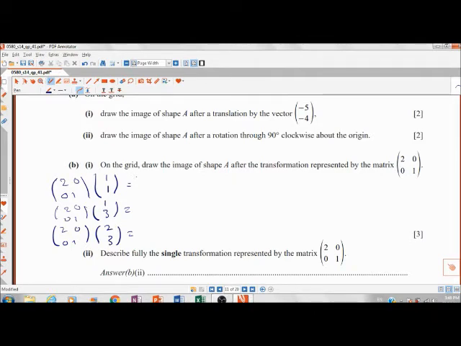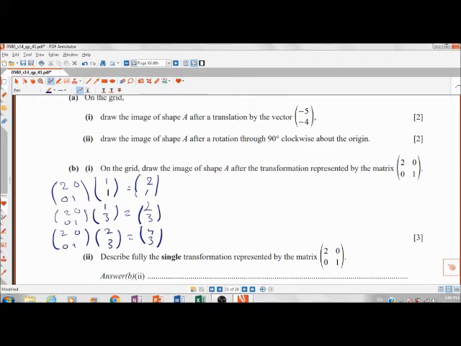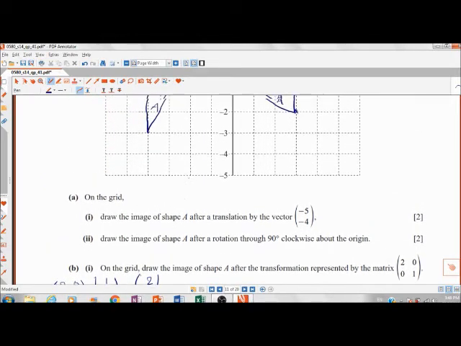Alright. So for the first one, it's 2, 1. After you multiply, that's what you get. 2, 3, 4, 3. So here are the 3 coordinates that we got. So you pinpoint these 3 coordinates on the graph and connect the lines.